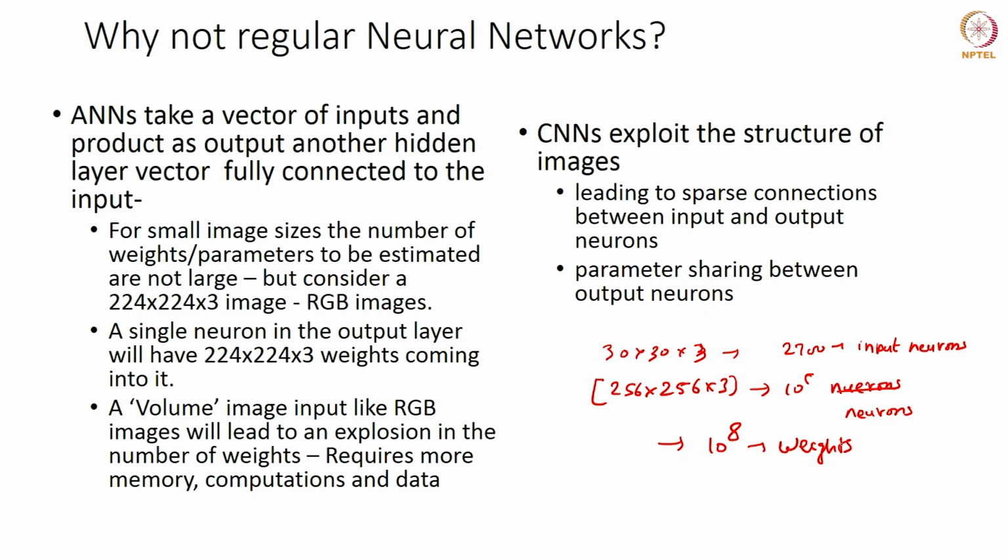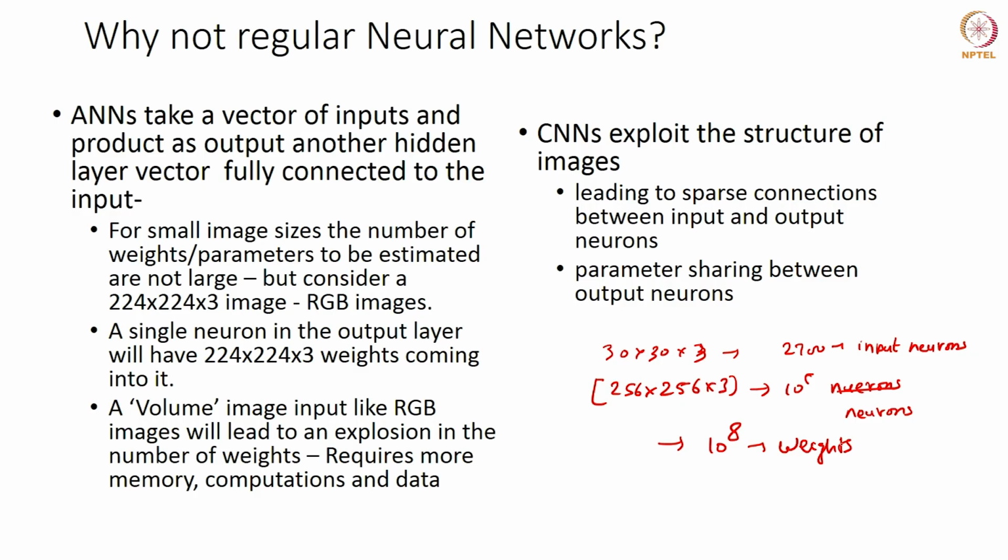This is a very conservative estimate, because sometimes the images are as large as 1000 by 1000 or 512 by 512, especially medical images. So, as the size of your input images increases, ANNs do not scale very well. There is an explosion in the number of weights that have to be estimated, which means that proportionally a large number of data points are required.